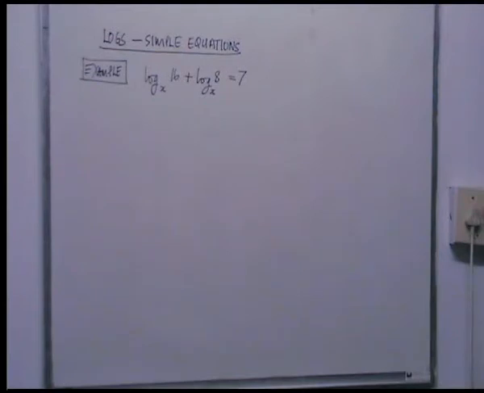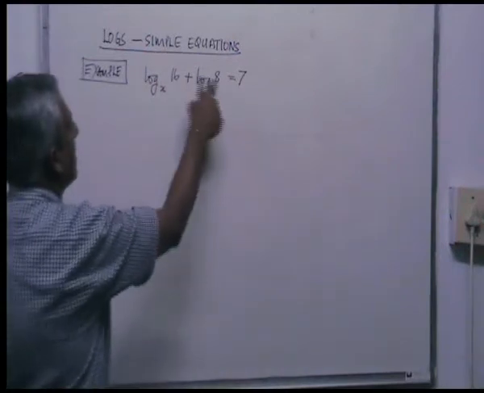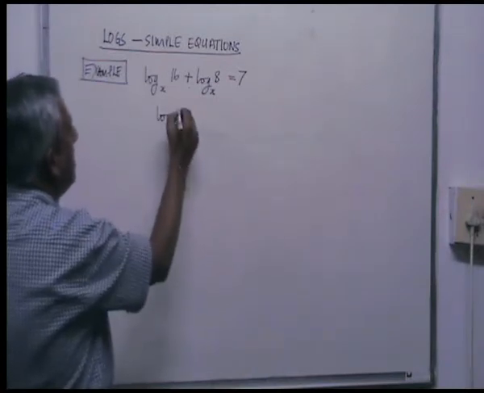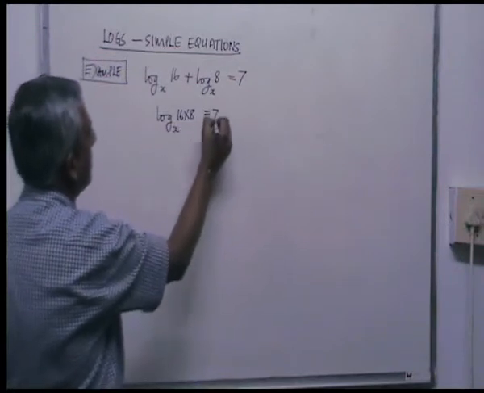What you will do then is you will just apply the log laws. You got 6 laws or 6 rules at your disposal. You can use them. Right. So you can see that I'm allowed to multiply these two. So you will say, well, that's log of 16 times 8 to the base x is equal to 7.